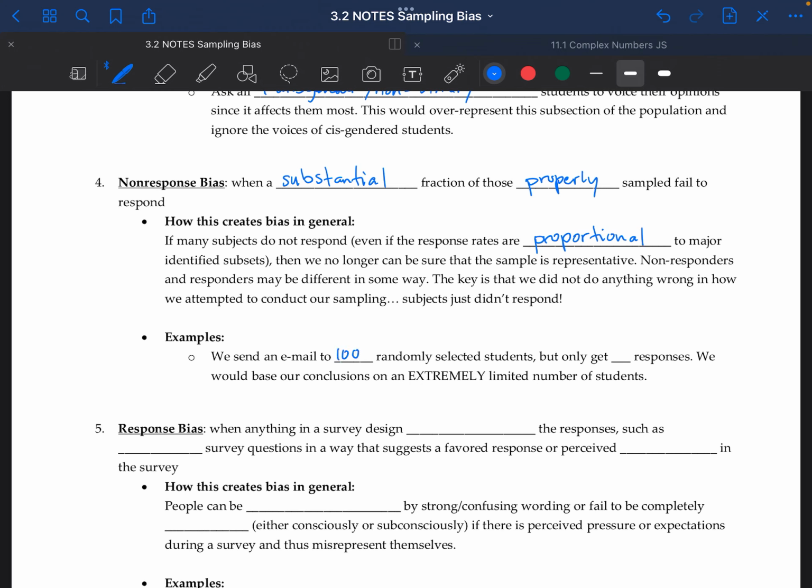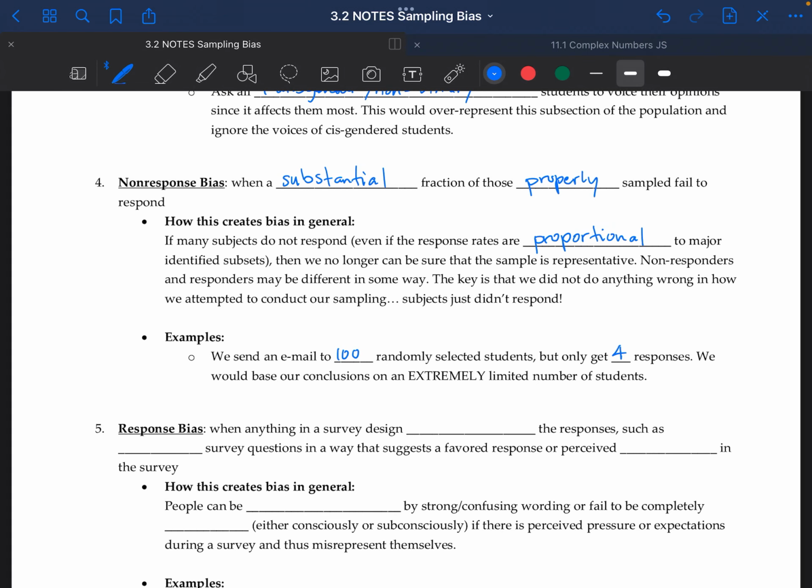So for example, if we send an email to 100 randomly selected students, which is a good idea, randomness is important there, but we only get 4 responses, that'd be a problem because we're dealing with 4 people's opinions, when we were hoping to hear from 100 people's opinions. That's a really drastic case.